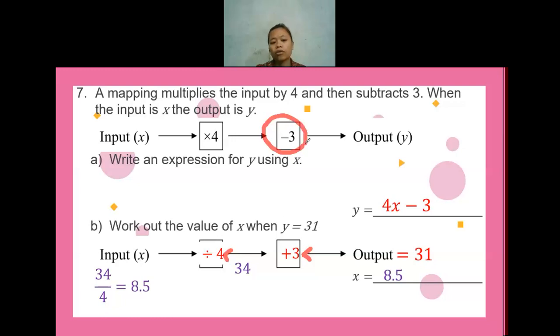The opposite of subtract 3 is plus 3. 31 plus 3 will be equal to 34. And then here, it will be divided by 4, because this is times 4, and the opposite of times 4 is divided by 4. So 34 divided by 4 will be equal to 8.5. That's why the value of x is equal to 8.5.